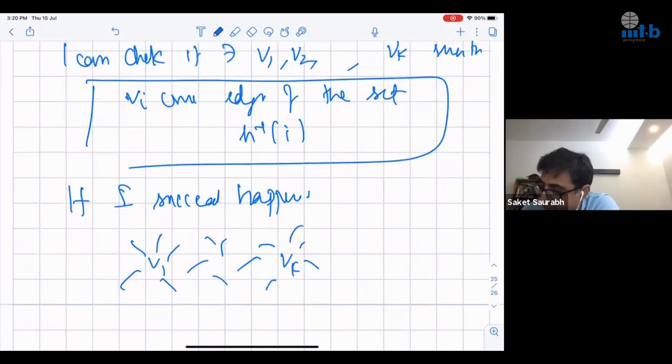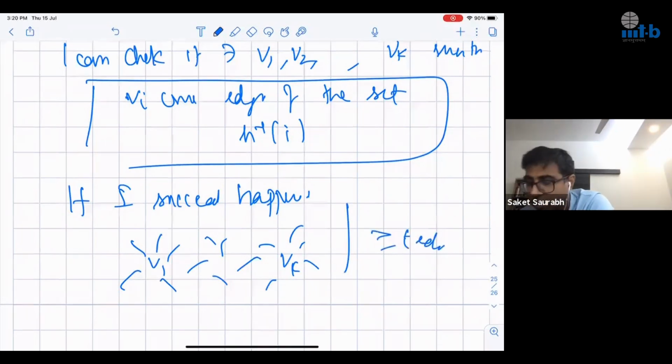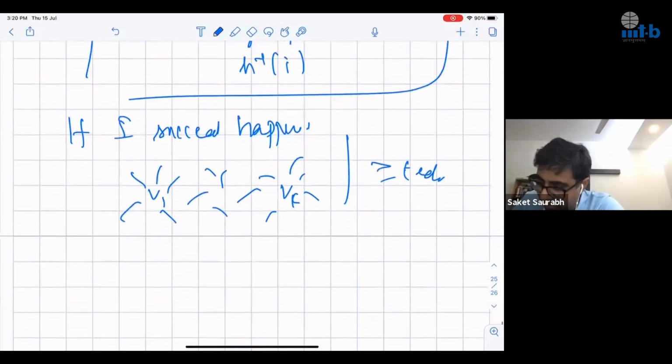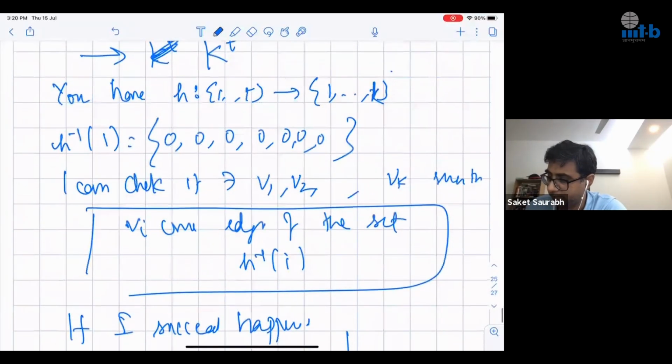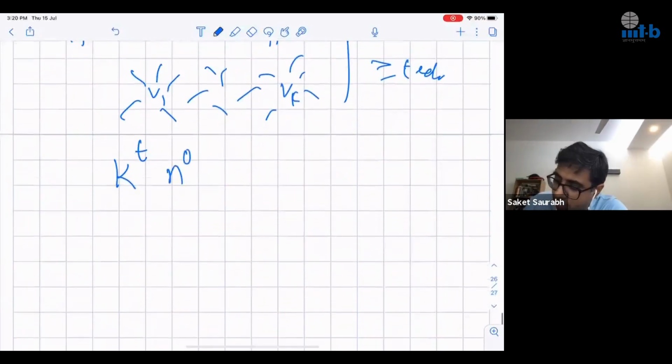So these k vertices, if I'm able to find such k vertices, then they will cover at least t edges and I'm happy, right? So notice that how many choices of those functions are. So basically the second step of the algorithm will run in time k power t, okay, k power t, okay, and n to the power big O of 1.